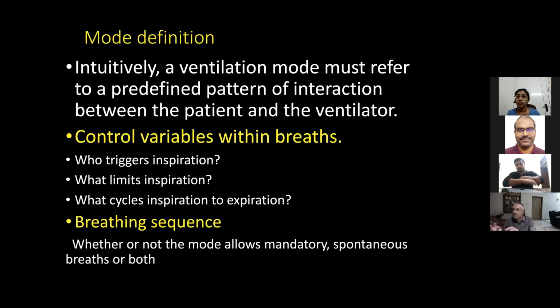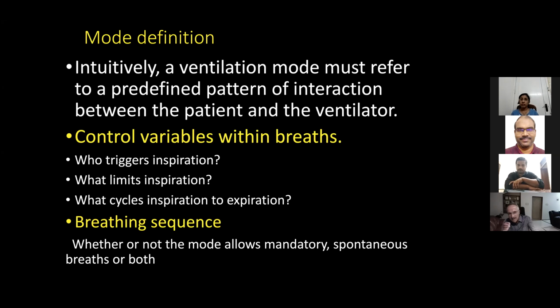Or is it changing from control to support after a given period of time? So once you see this sequencing, whether only mandatory breaths, mandatory and assisted breaths, or mandatory with spontaneous breaths, once you see the types of breaths you have in one minute, then you can analyze what the mode is. So two things you should always remember: the control variable within the breath and the breathing sequence.